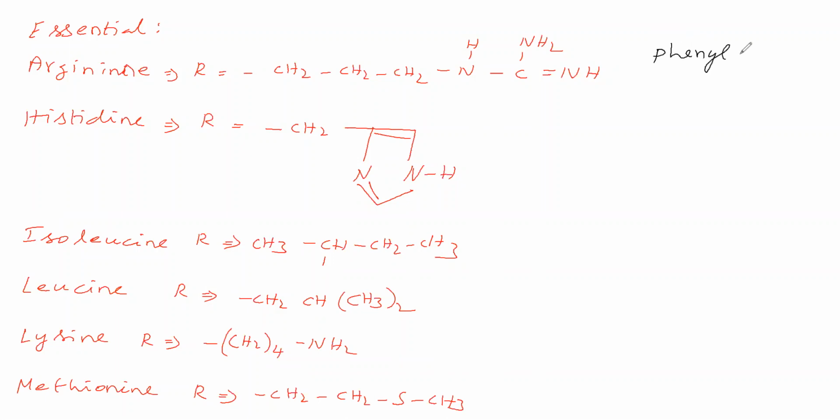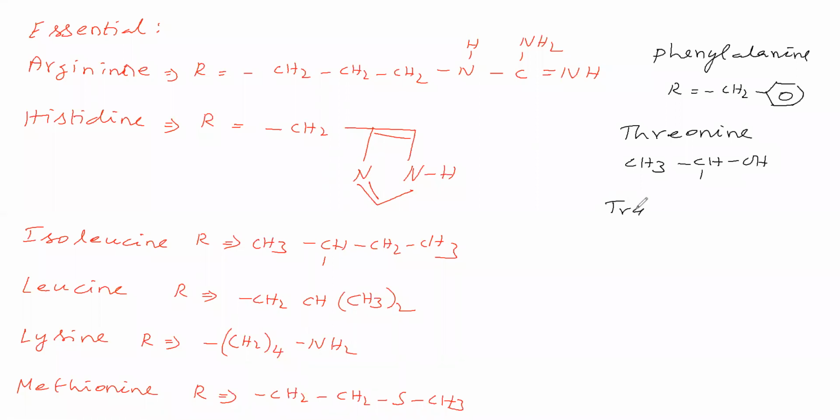The R formula is CH2, C6H5. Next, threonine. The threonine formula is CH3, CHOH.